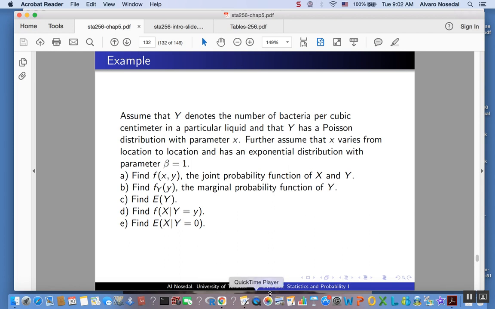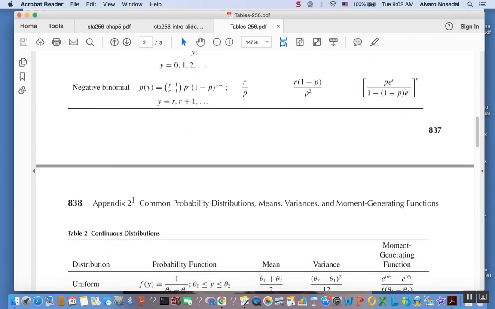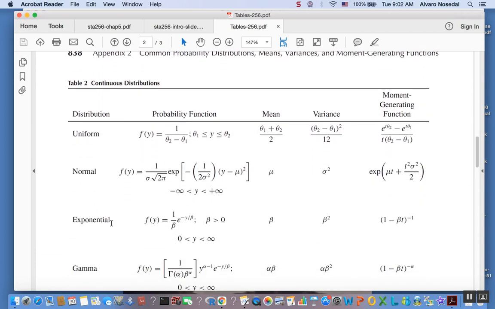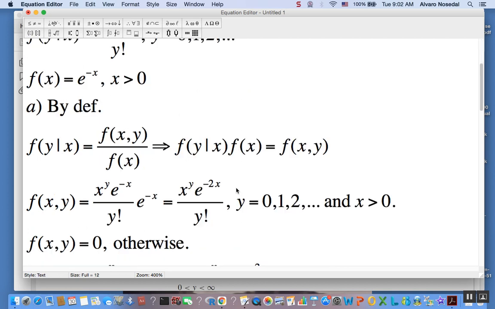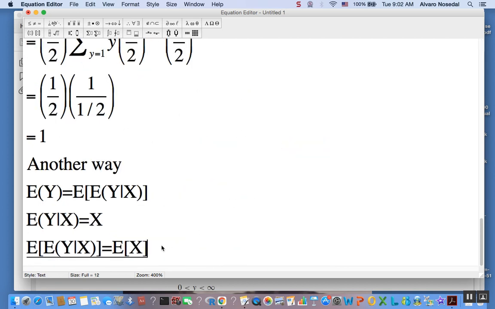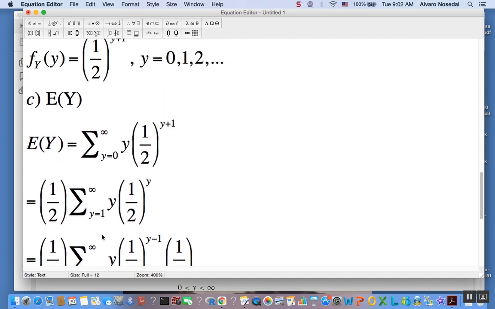Then we go, okay, let me check my table. If I have an exponential with parameter beta, mean beta. So if I have an exponential with parameter beta equals 1, expected value of x must be 1. So we ended up with the same answer as this, right?